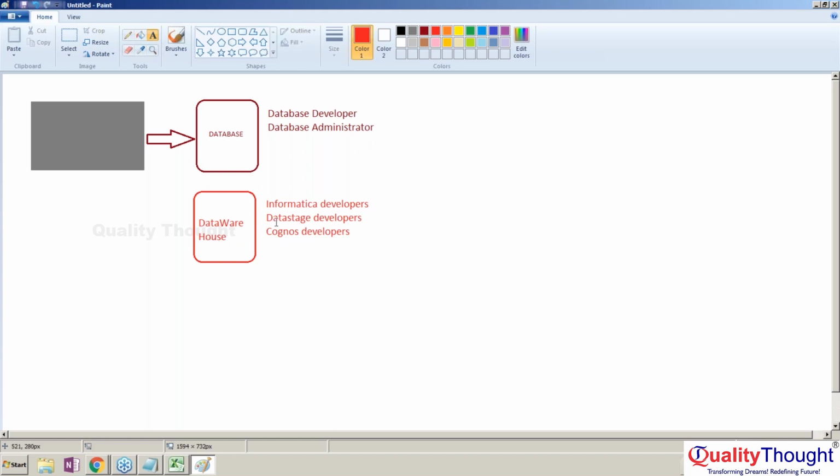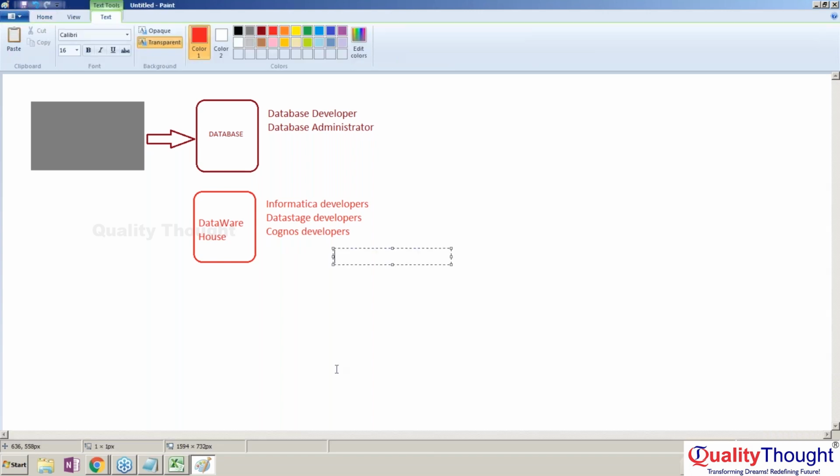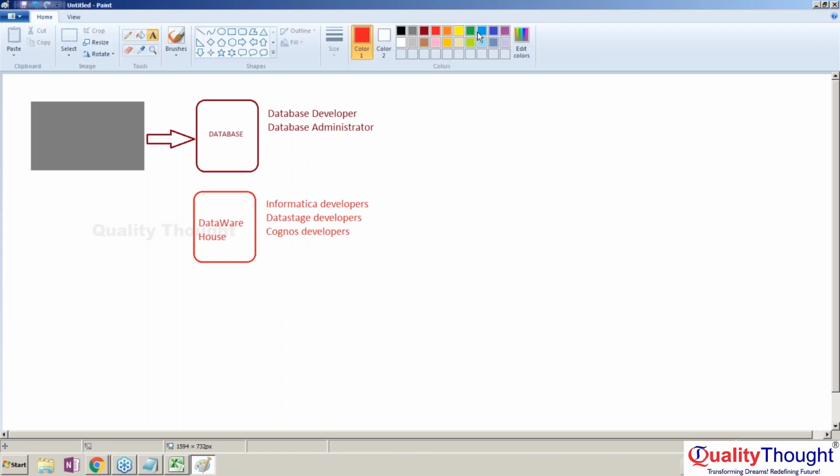Hence, the Informatica developers, DataStage developers or Cognos developers will come under this particular segment. Okay, what about the next thing? The very next thing that we are going to come to is something.